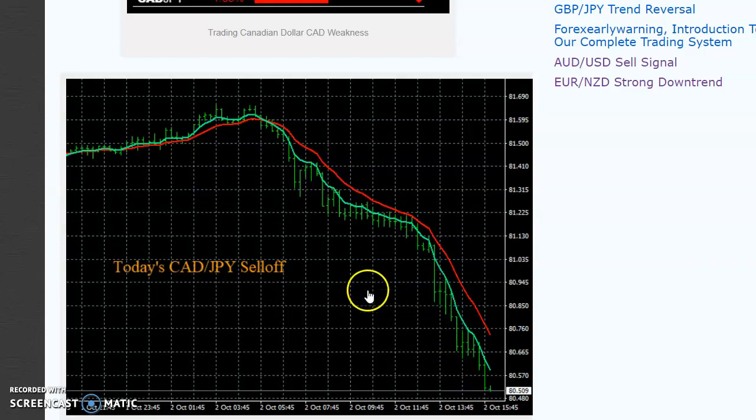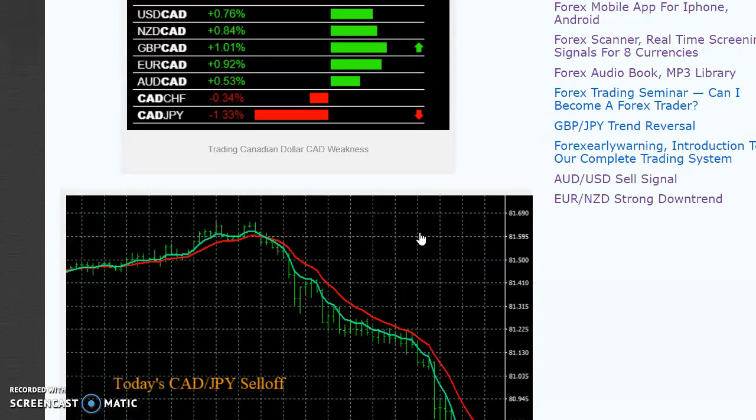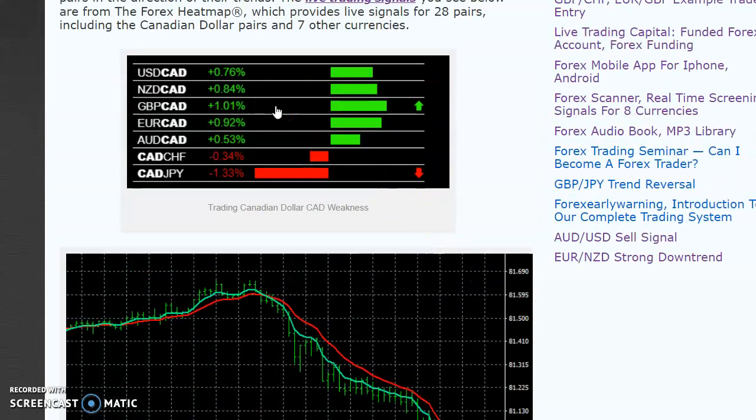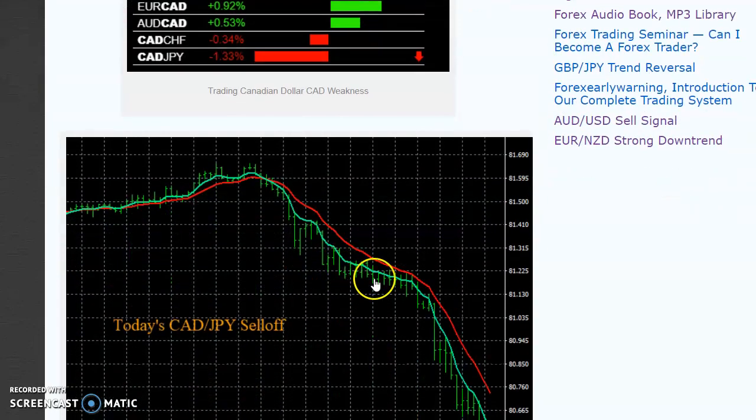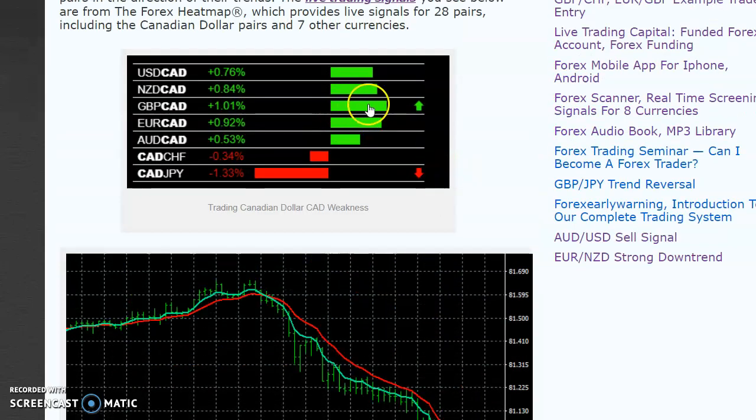Once again, this is a big sell-off. We're not talking about 10 pip movements here. We're talking about strong moves. This second move, 60, 70 pips, it even sold off the day before. You're talking about movement cycles of 50 to 150 pips. The pound Canadian is a very volatile pair. If this pair moves 70 or 80 pips, the pound Canadian is going to move 100 pips because it's more volatile.